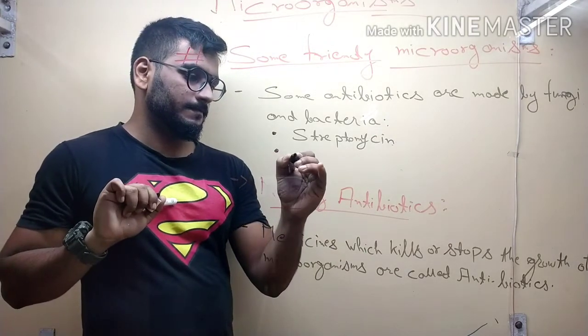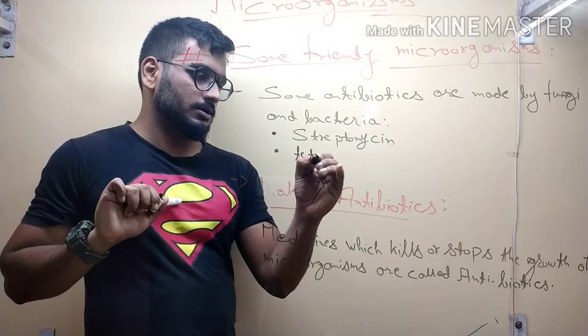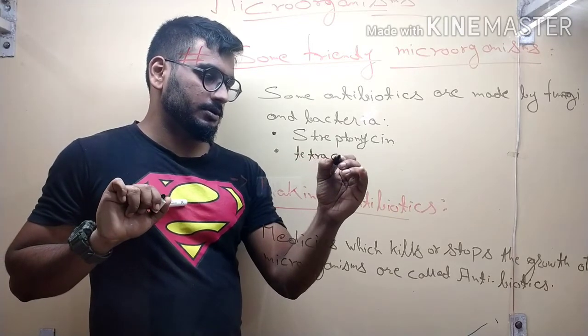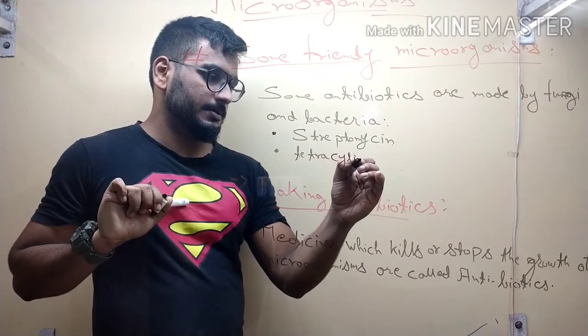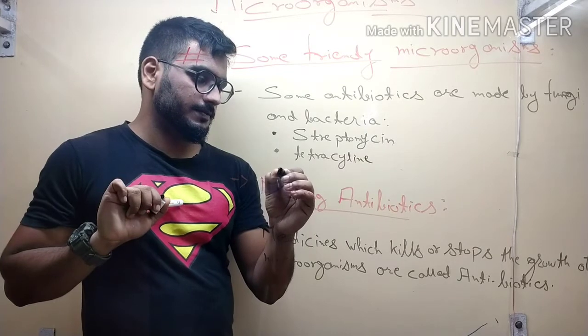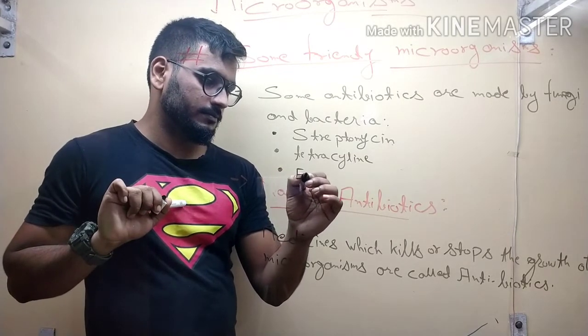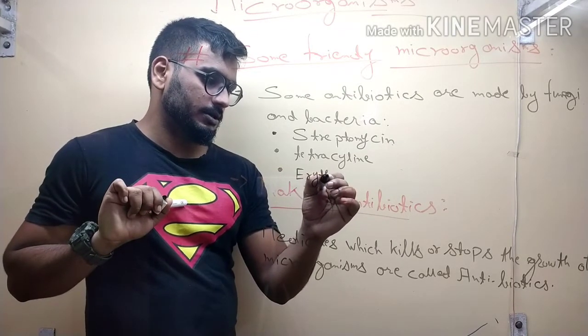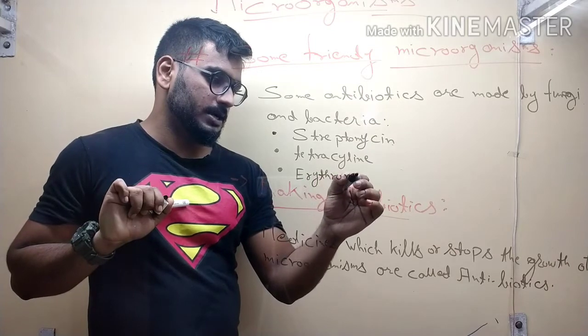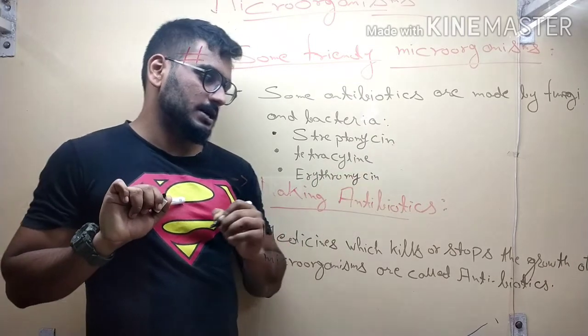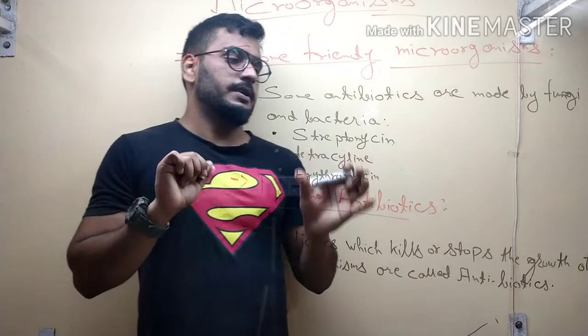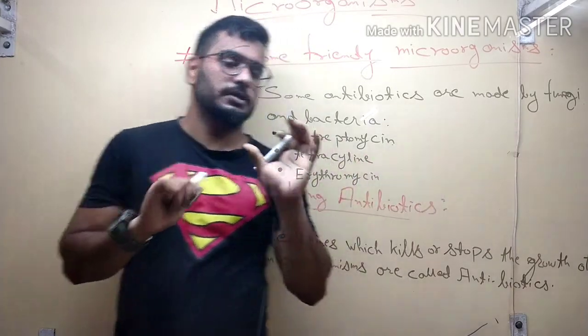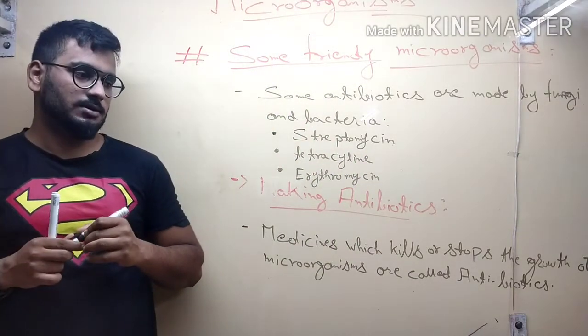Second, tetracycline, and third, erythromycin. So these are some examples of antibiotics which are made using fungi and bacteria. Note this thing.